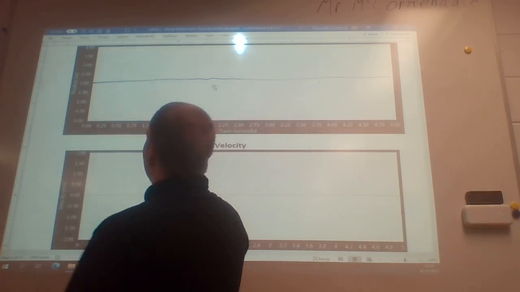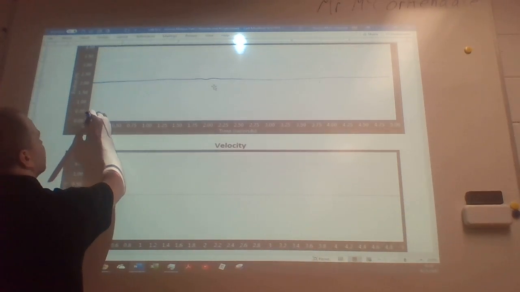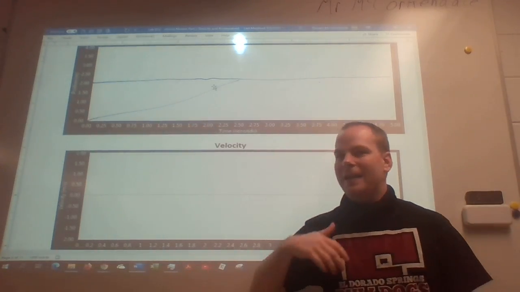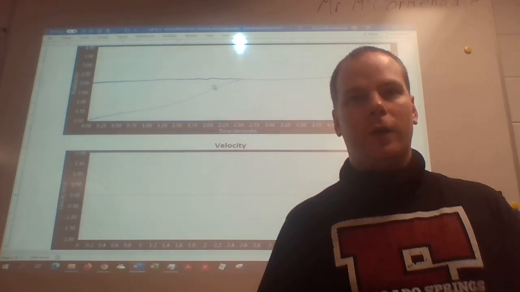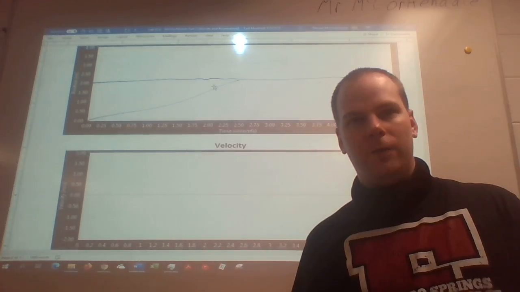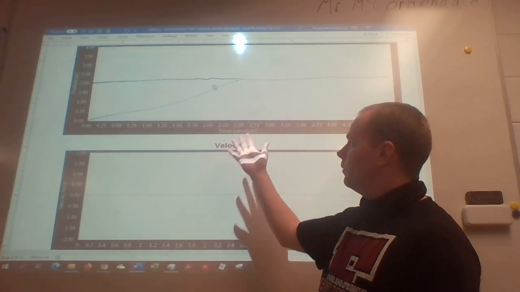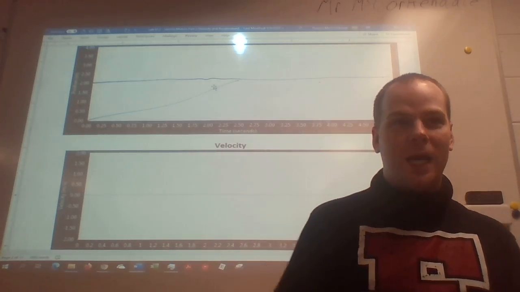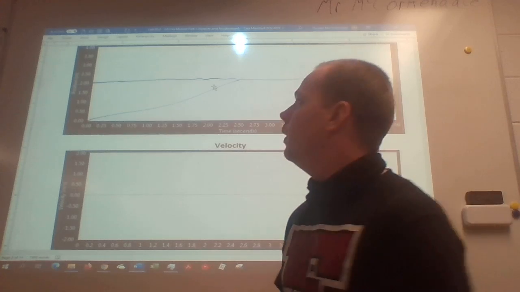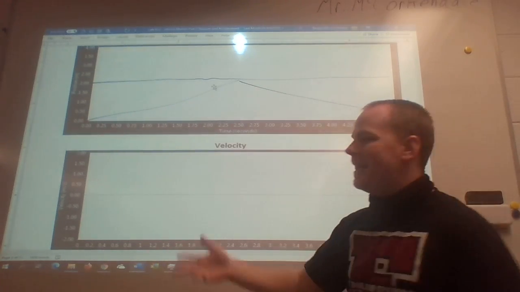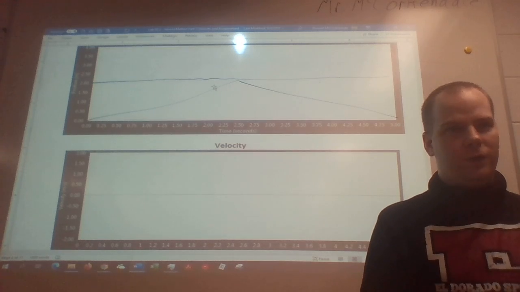When we talk about a sloped line, it means that it is changing, and we start talking about are you a positive change or a negative change? So this rather crooked line would be a positive change in your position, while this one would be a negative change in your position.